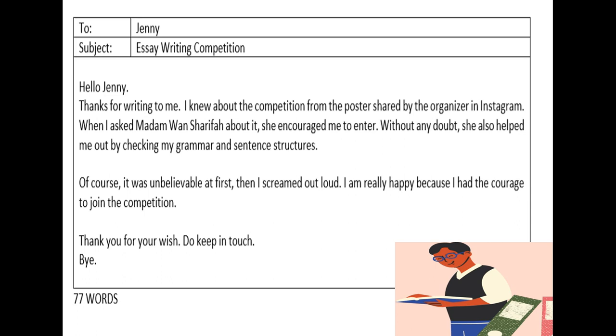This is from the first table. By right, it is not wrong to only write in one paragraph. Altogether it is only 77 words. So what does it mean? You are not writing up to 80 words.